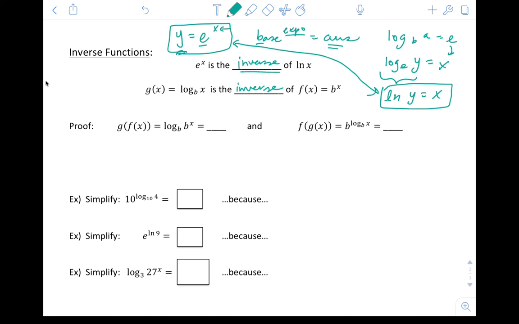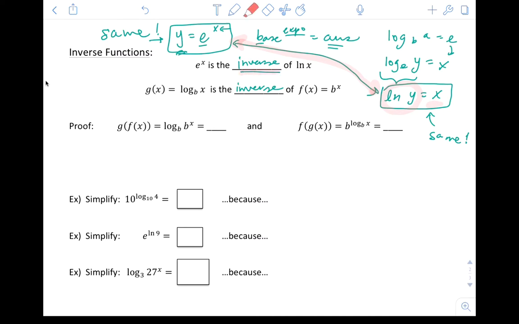I need you to take a closer look. This is the natural log of y, and it's x equals. And these are the same. In fact, let's write that down. Just written in two different ways.